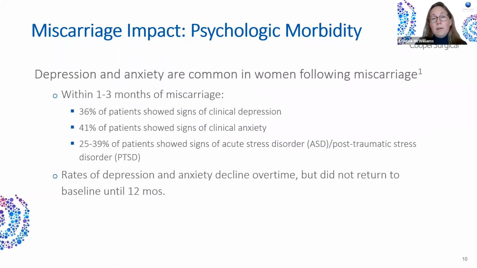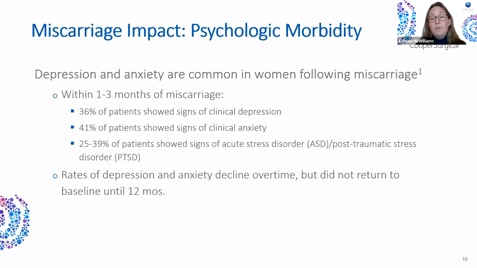To get a little bit deeper into the psychologic morbidity of miscarriage, there's been some excellent work, actually coming out of the UK on this topic. It has been found that depression and anxiety are very common in women following miscarriage. In fact, within 1 to 3 months of miscarriage, up to 36% of patients showed signs of clinical depression, and 41% showed signs of clinical anxiety.